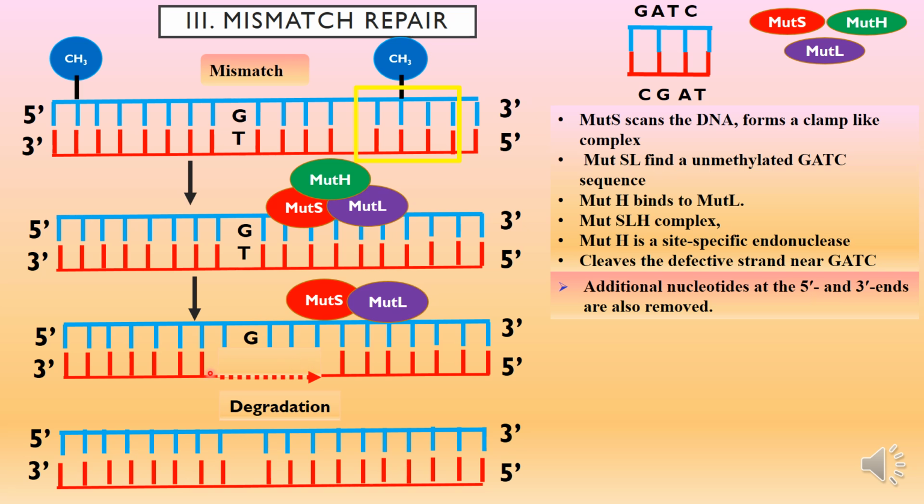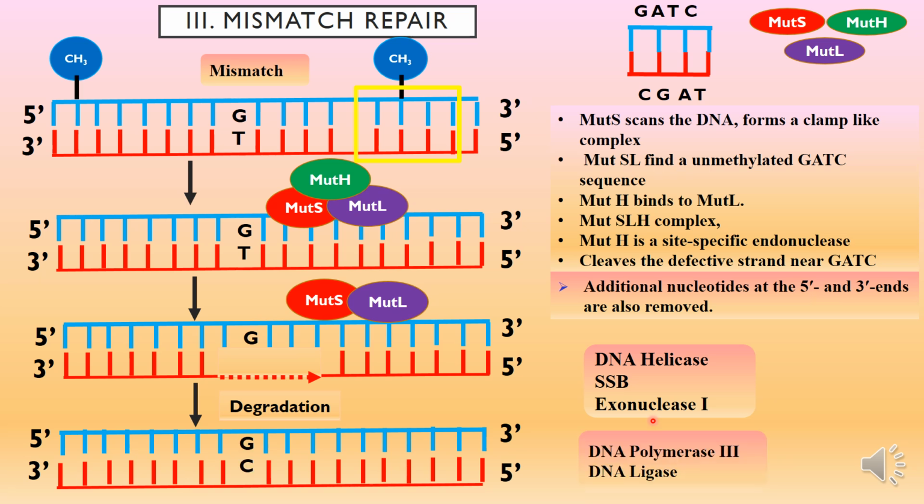So there is more degradation around this area. As this strand is unmethylated, this is removed, and then DNA helicase will unwind, single-stranded binding proteins will come and bind to it, and the defective part is removed by exonuclease 1 activity.